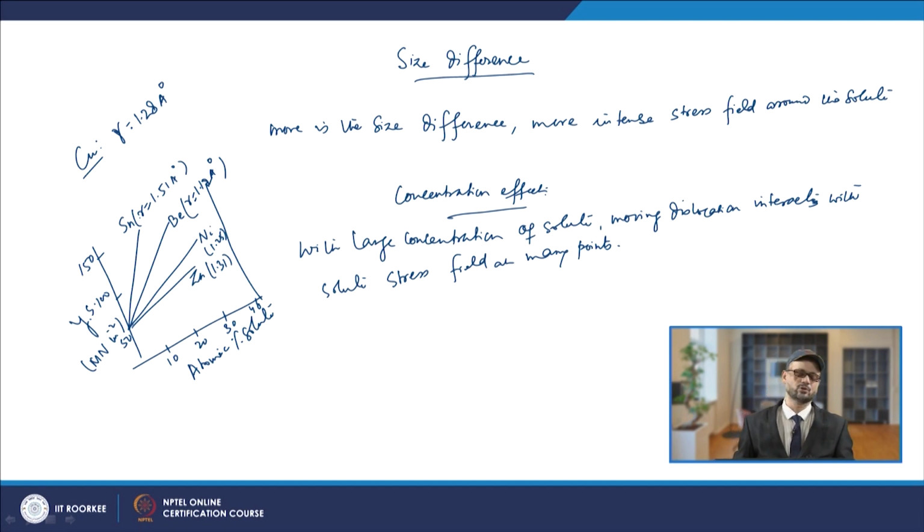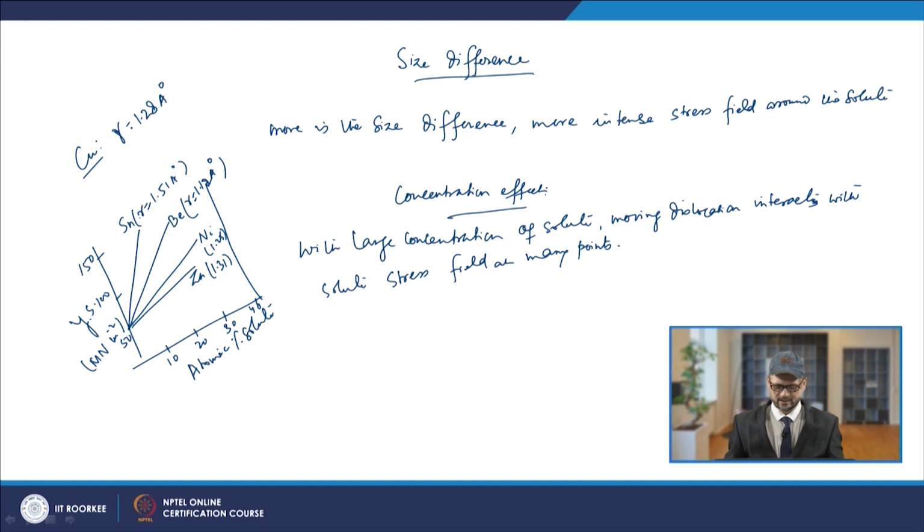In that case you will have a more intense stress field when copper is with nickel as compared to copper with zinc. So you will have more strength in nickel as compared to zinc, even if their size difference is the same.